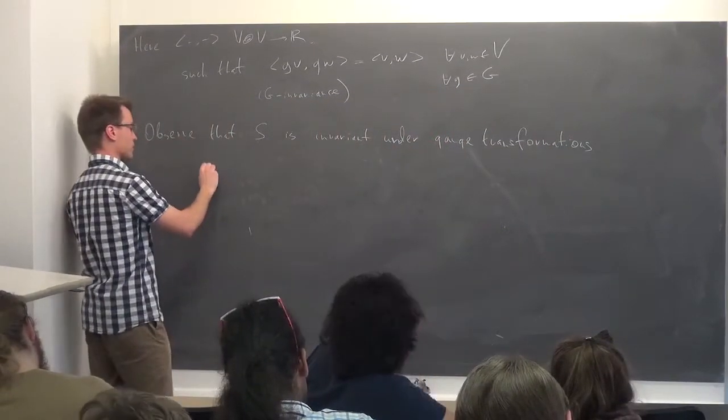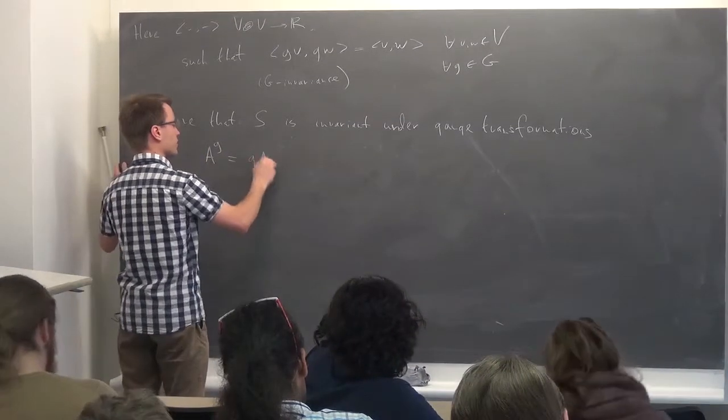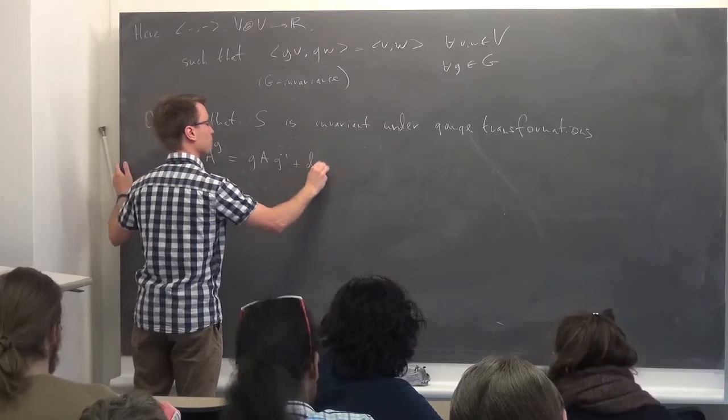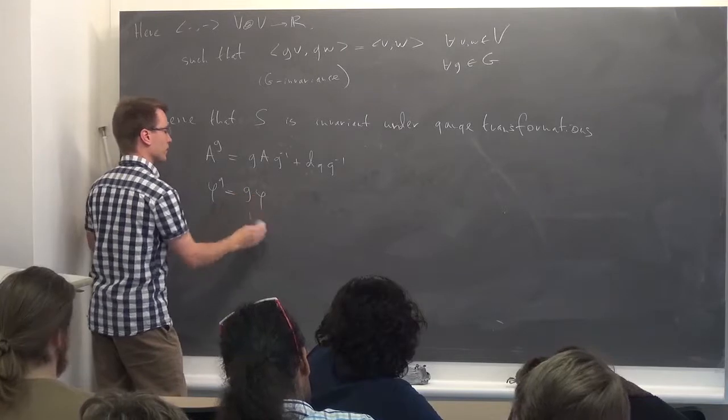So again, the gauge transformations are, as I said before, the way the connections change, and then phi changes just by left multiplication.